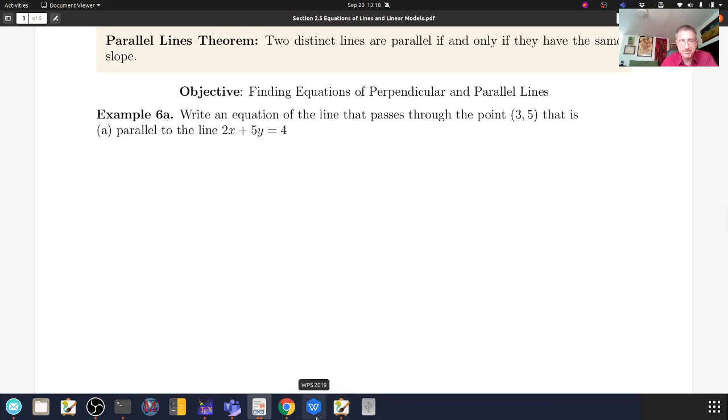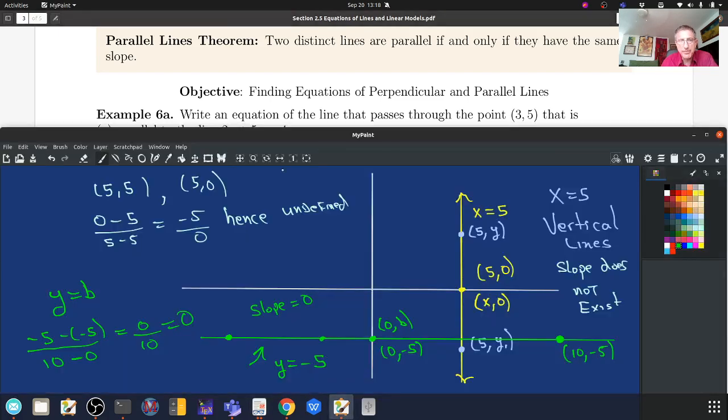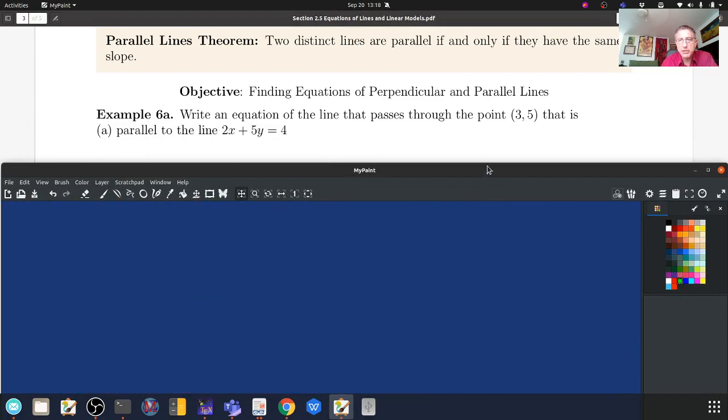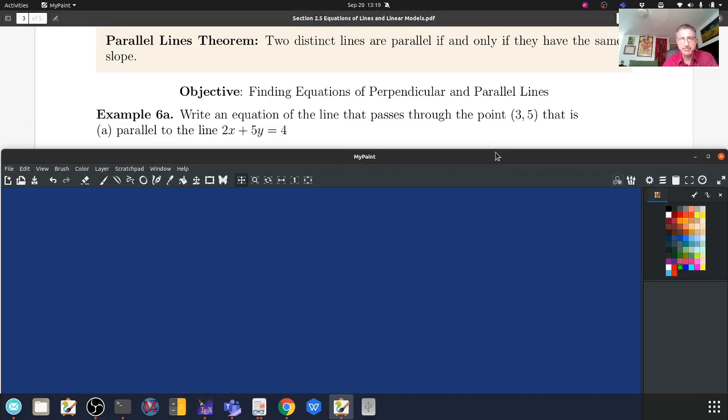So what do we need? It's really simple. We have to have two things satisfied. So first, what we're going to do is we're going to find the slope.